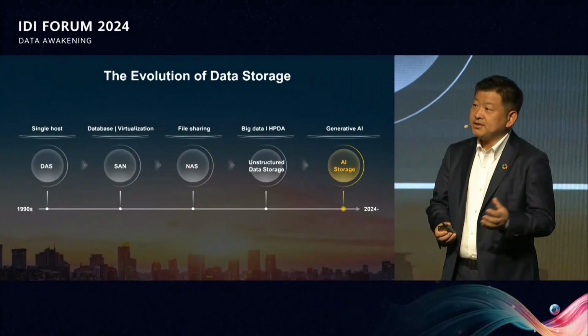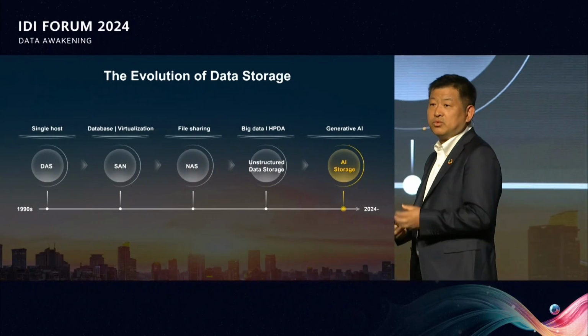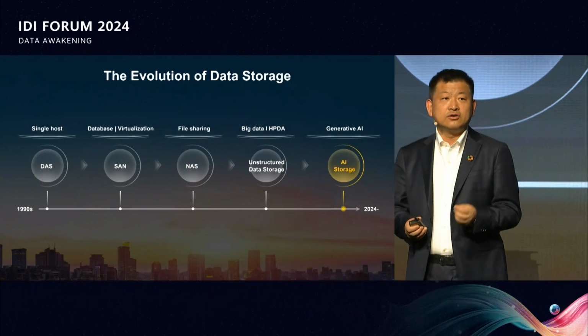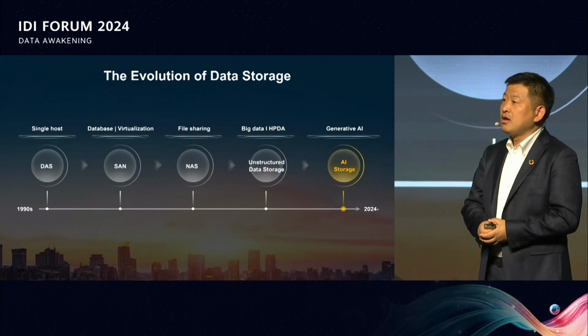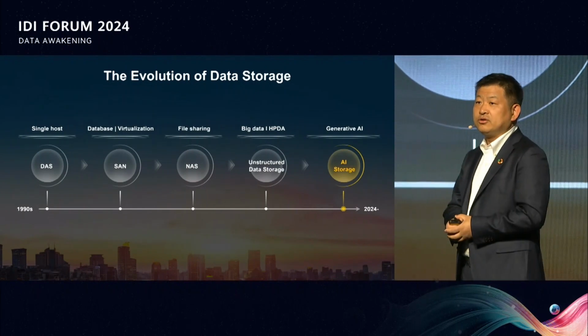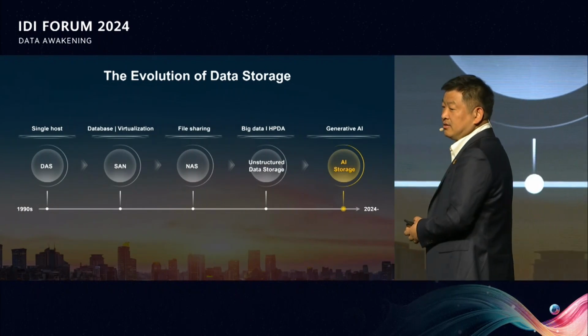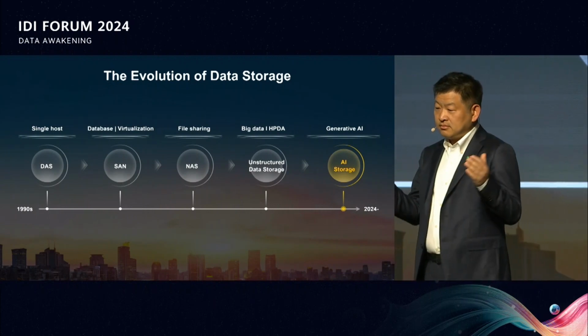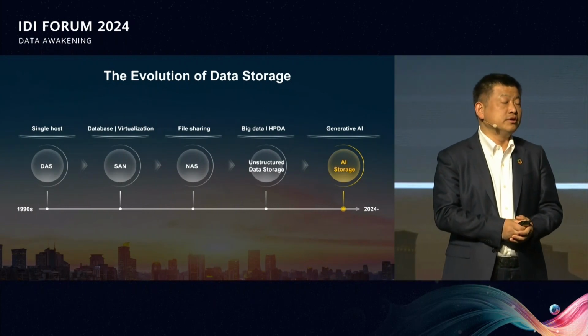When we have a database and virtualization, we start to have DAS and also SAN storage. When we needed to share files through the internet, we start to have NAS, that kind of storage.